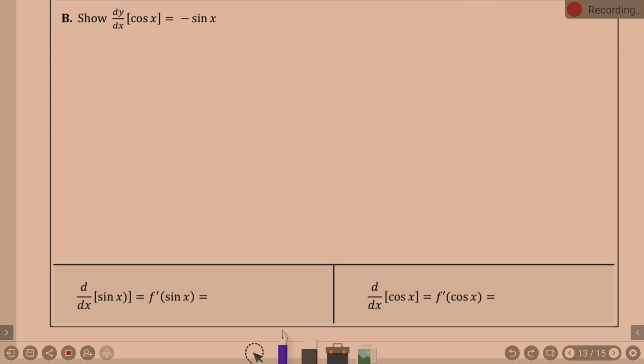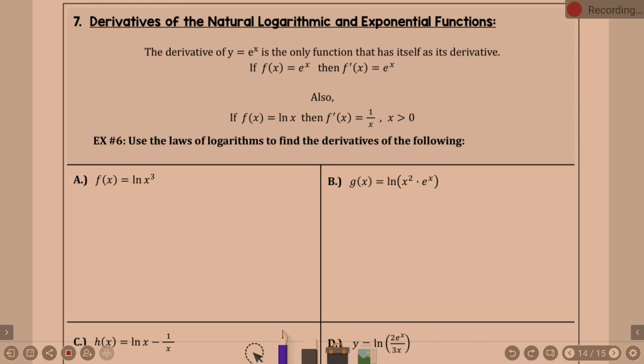Okay. So, skipping that page for the moment, it works pretty much the same as the first part. Two other basic derivatives. The derivative of y equals e to the x is the only function that has itself as its derivative. So the derivative of e to the x is e to the x.